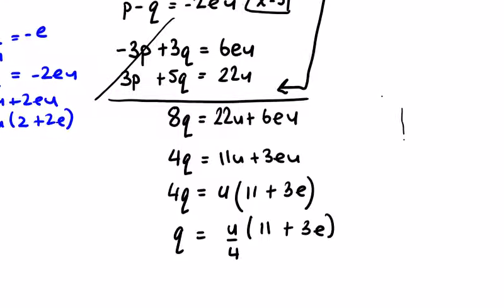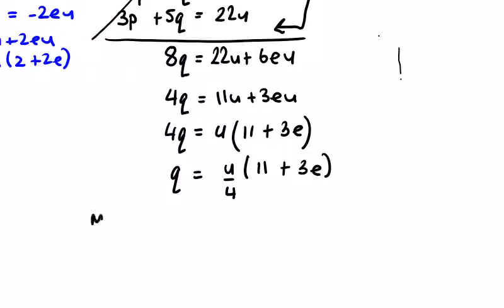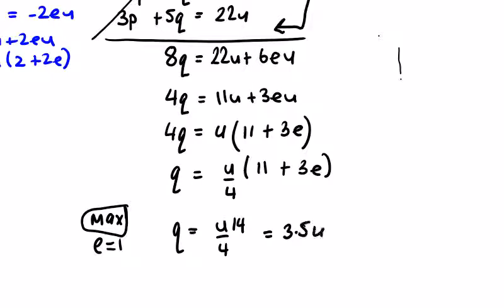So we can look at the max value of E is 1. So what's the max value here? The max is when E is equal to 1. So Q is going to be equal to U over 4 times 11 plus 3, 14, and that's equal to 14 over 4, 7 over 2, 3.5U. And then the minimum, E is equal to 0.